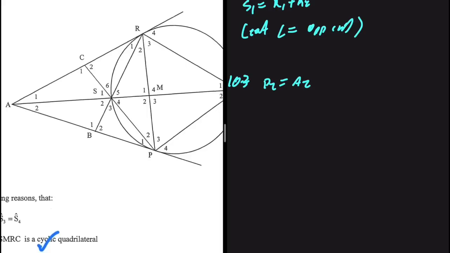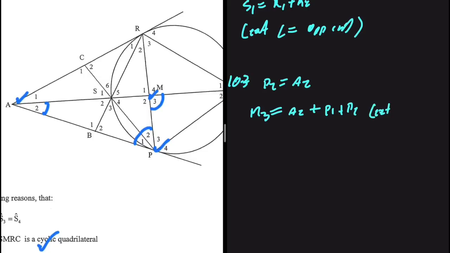Okay, so let me see. Let's take a look at M3. Okay, M3 is an exterior angle of triangle MAP, right? So we can say that M3 is equal to A2 plus P1 plus P2. This angle here, A2 and P1 plus P2 are equal to M3, right?